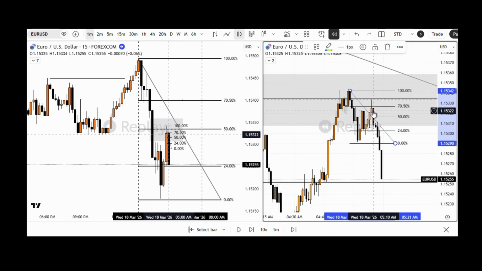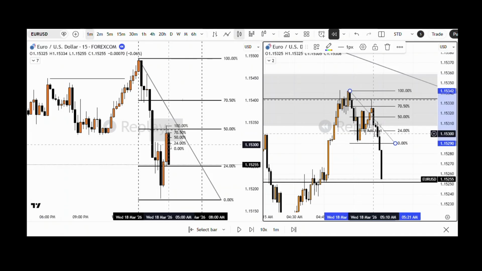So right now you're excited. You're like, well, right, step one, step two should be done, right? Again, no. We have no SMT and we don't have a corresponding action or correlating action on a different pair. So you're taking on too much risk at this point. It makes no sense.